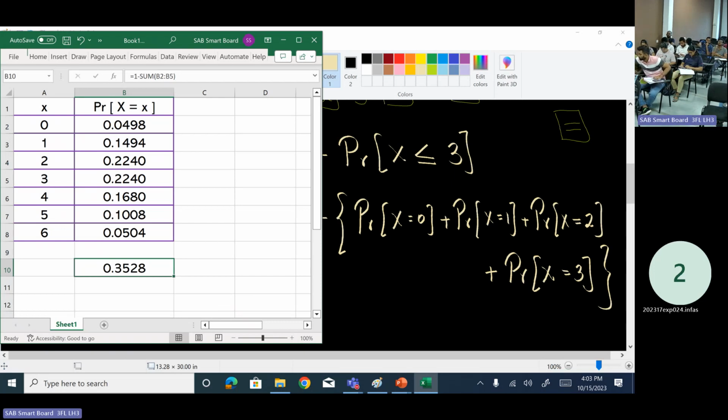Second one, third one. The 4 values you add, subtract from 1.